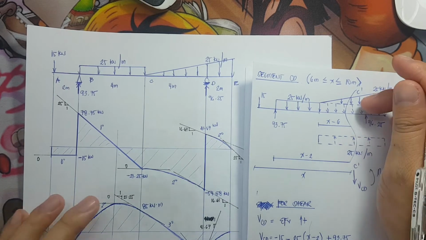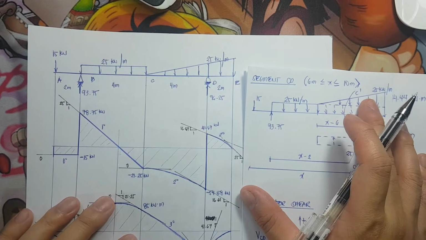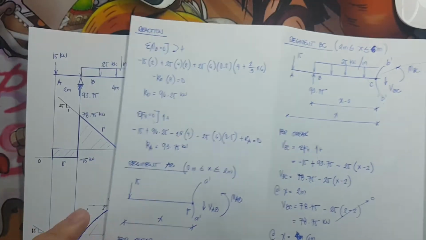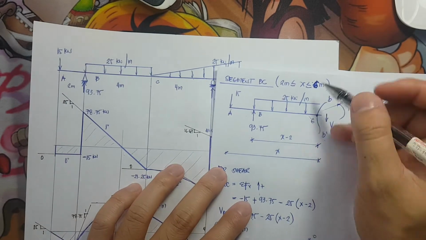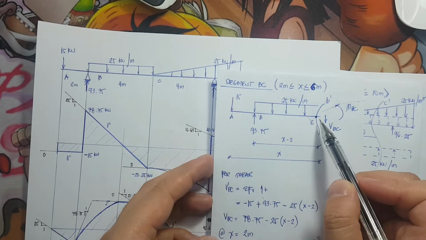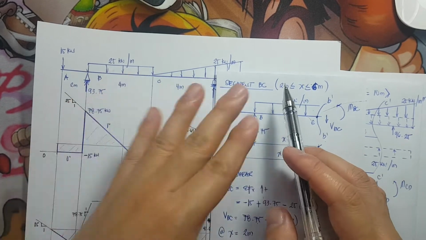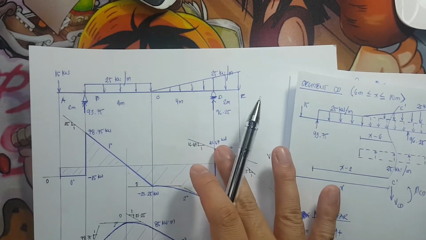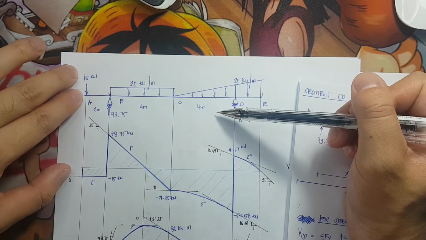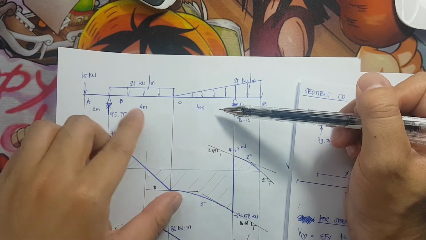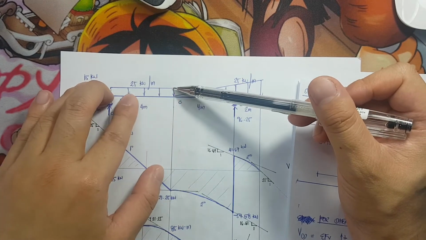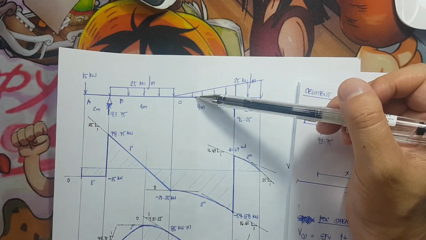But the problem that would arise is that, take note, the point of the cutting plane is where our distance x stops. That would be our distance x from the farthest left fiber of the member. If I have my cutting plane here and this would be my distance x, what would be the equation if it is a discontinuous uniformly distributed load?